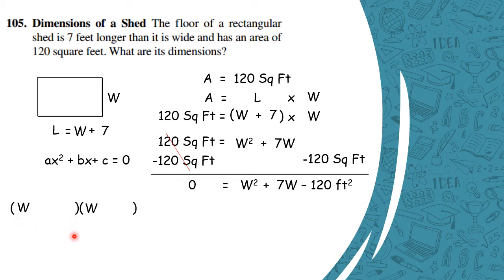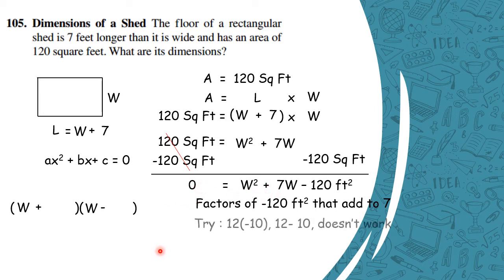So w times w is our w squared. Because the third term is a negative number, we know that we have to split the signs up as a positive and a negative, because these will be the factors of negative 120 square feet that add to 7, the middle term right here.